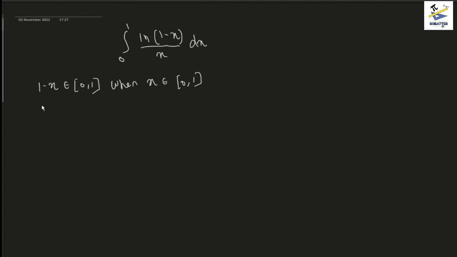Then ln of 1 minus x is less than 0, since these are the properties which we are going to use.